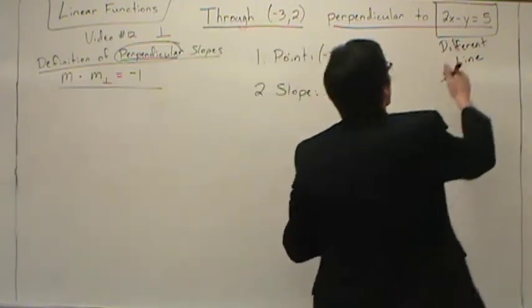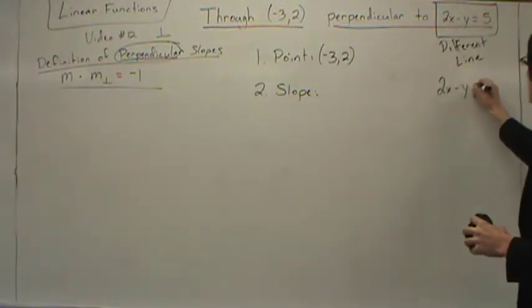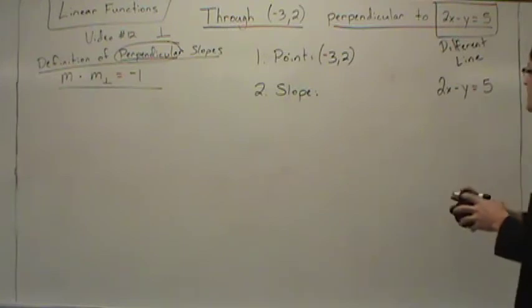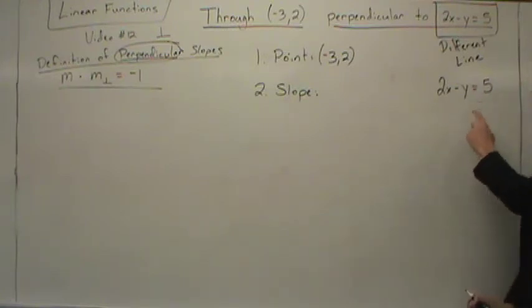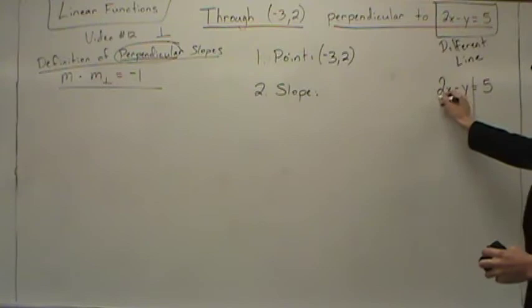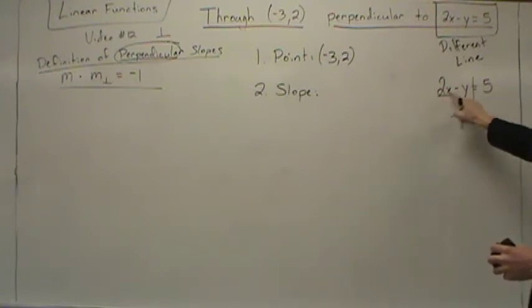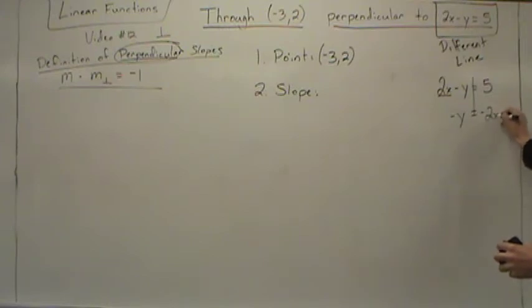Okay, so let's take this standard form equation, 2x minus y equals 5, remembering that we cannot find a slope unless we convert this to slope-intercept form. Okay, so to convert to slope-intercept form, we are going to solve for y. Okay, that means get y by itself. Take the 2x, move it to the other side, we end up with negative y equals negative 2x, and we already have a positive 5 on the right.